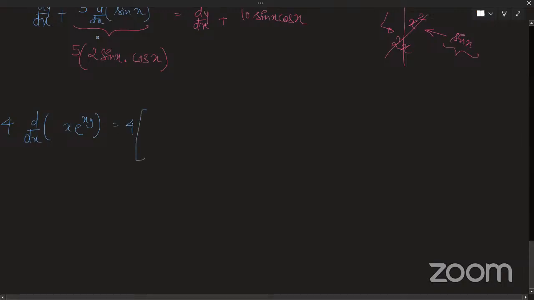Okay. So let us see how we can take the derivative of a product of two functions. Obviously, in the first case you differentiate your first function. So 1 into e raised to xy plus. Now you keep your first as it is and differentiate your second function. Right, everyone? Great. So in this side, you would need the derivative of e raised to xy.